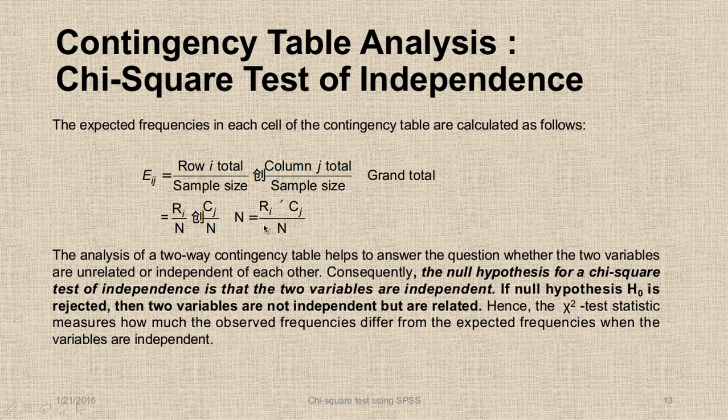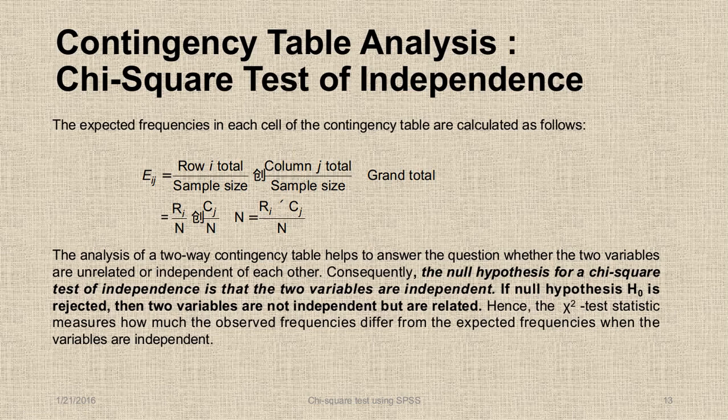Or simplifying, we can say that the expected frequency in the cell ij is the ith row total multiplied by the jth column total divided by the total sample size. So in this way we can calculate the expected frequencies for different cells of the contingency table.